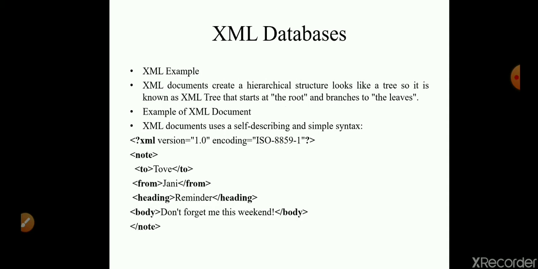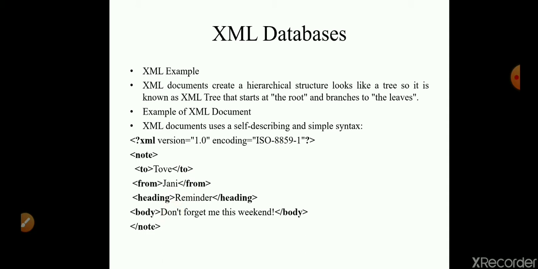This is an example of XML. It starts with XML version equal to 1.0 with the encoding. Here note is the root element, and to, from, heading, body are the child elements of this root, and /note is the end tag of the root element.